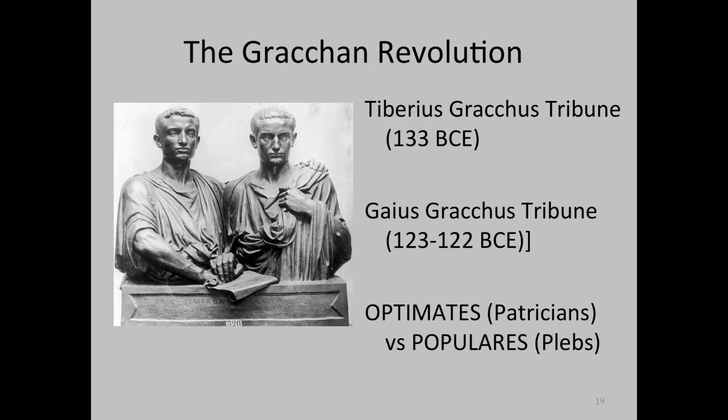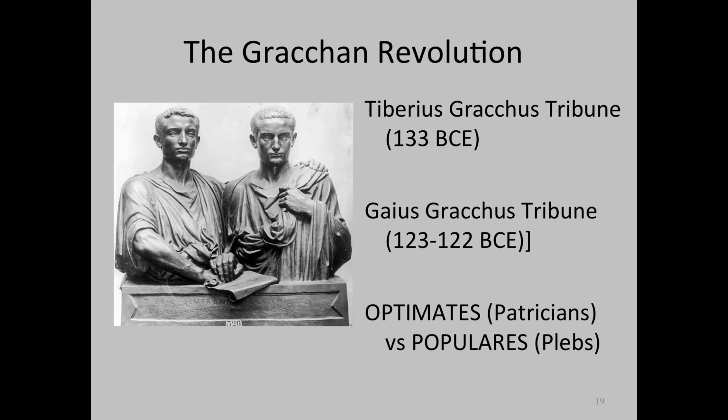Okay, but why was he so revolutionary? Well, first of all, what truly offended the old school senatorial families was how he trampled and challenged their authority openly. So he bypasses the authority of the Senate. He did not seek the advice of the Senate. He did not wait for the senatorial decree, the piece of advice. He simply takes the issue directly to the plebeian assembly, to the tribal assembly.